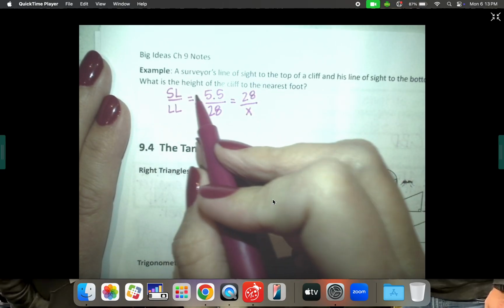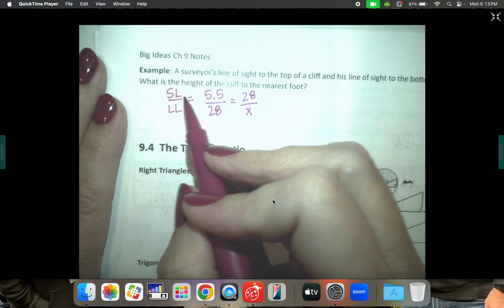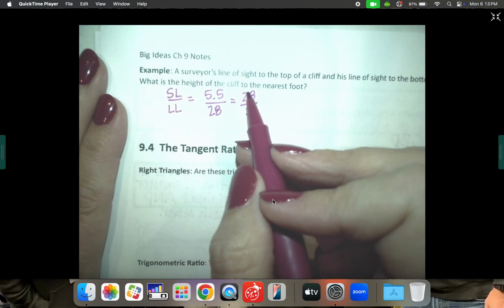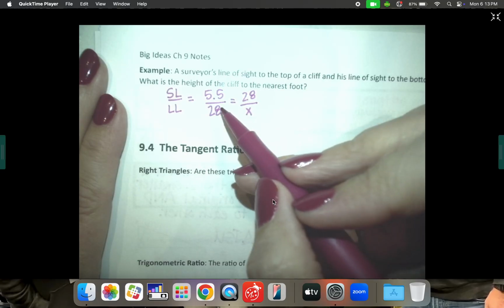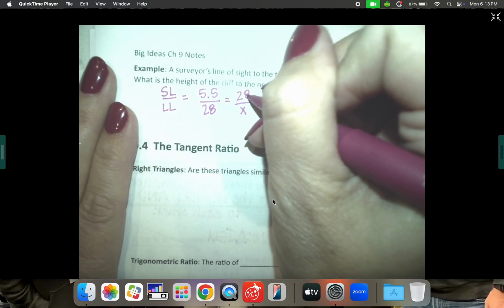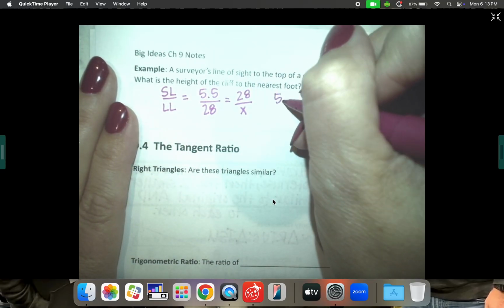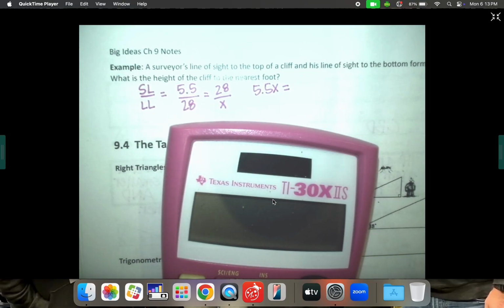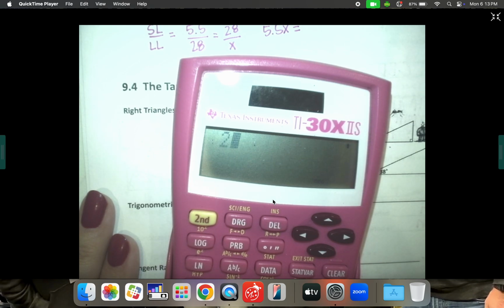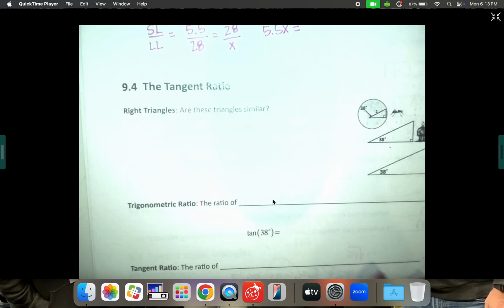Be sure you put them lined up with short leg, long leg. That's why I keep saying it like that, because you need to be consistent. This is going to be a geometric mean. 5.5 times x is 5.5x. 28 times 28 is 784.